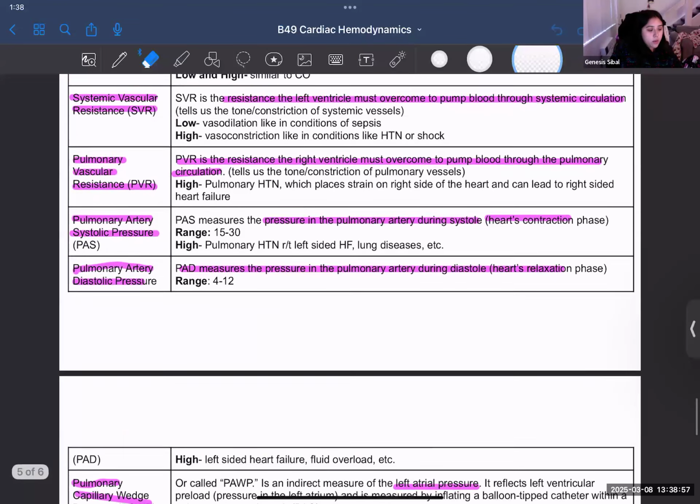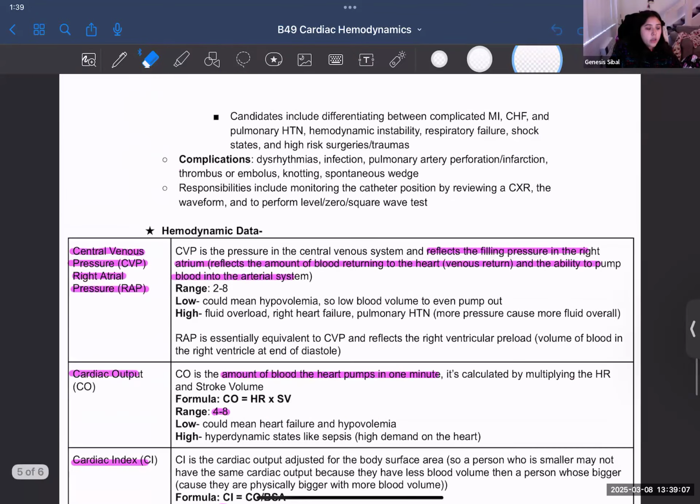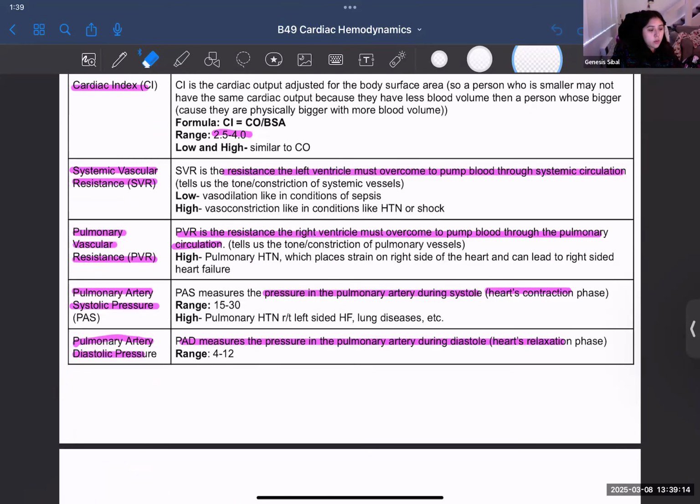SVR is systemic, and it's about the left ventricle and what it must overcome to pump that blood out to the rest of the body.